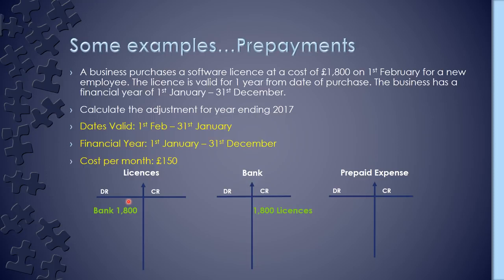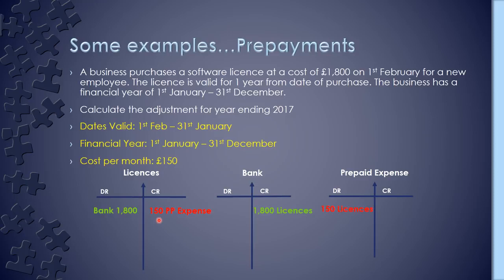So it started in February, the end of our year is in December. So what do we need to do? We know that 1 month's worth of that is £150 because we've already done that calculation. So we need to credit, because we need to reduce our expense account. So we need to credit that account £150.